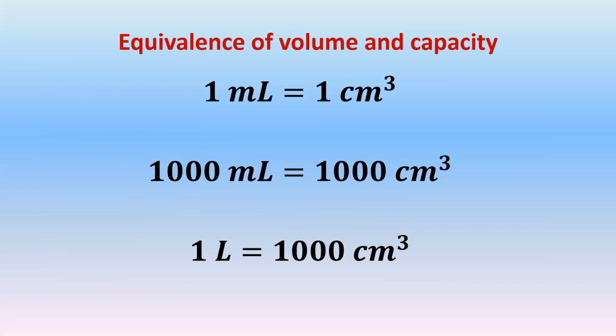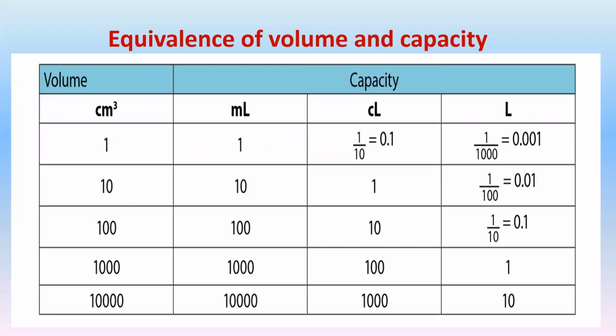So we can say that 1 liter is equal to 1000 centimeter cube. Here is a table that shows equivalence of volume and capacity in different units. You can refer to this table while doing your exercises.